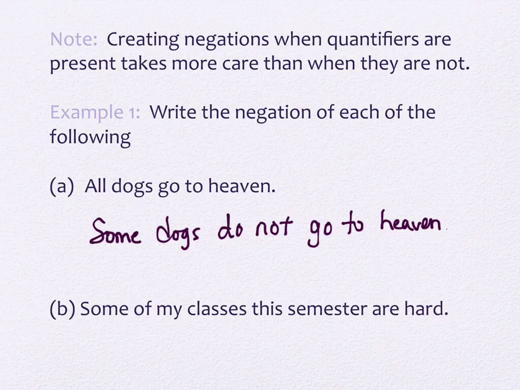And the next one's an example where sometimes people want to change the statement. This says, "some of my classes this semester are hard." So what type of quantifier do I have? Universal or existential? I have existential, and the word is some, right? So when I'm creating a negation of an existential quantifier, it needs to turn into a universal quantifier.